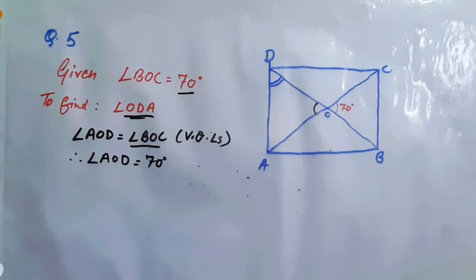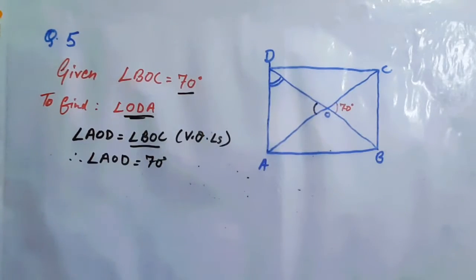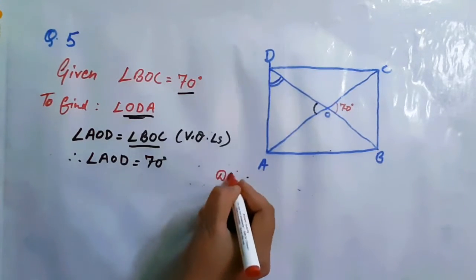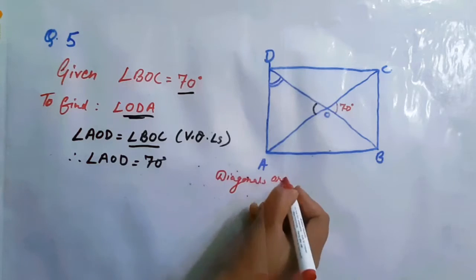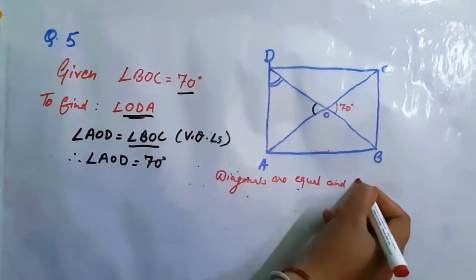Now, what is the relation in the diagonals of a rectangle? As you know the properties, in a rectangle, diagonals are equal and bisect each other.